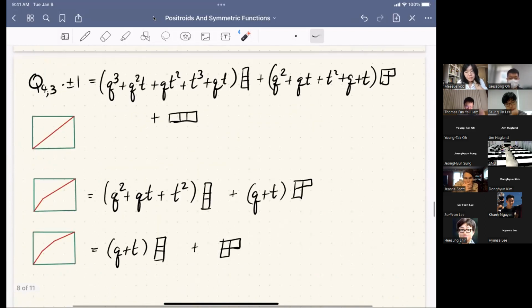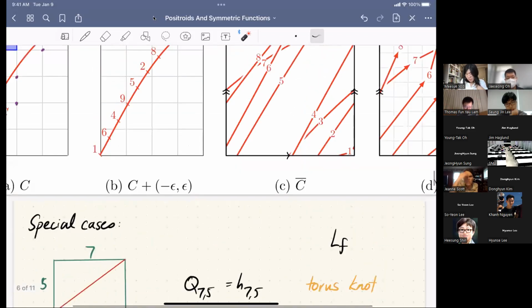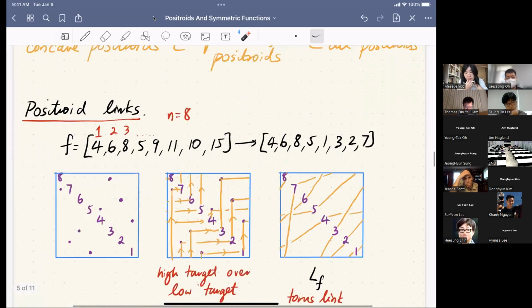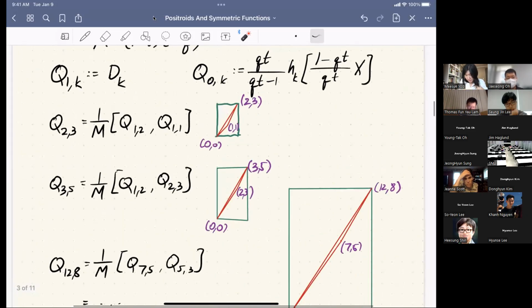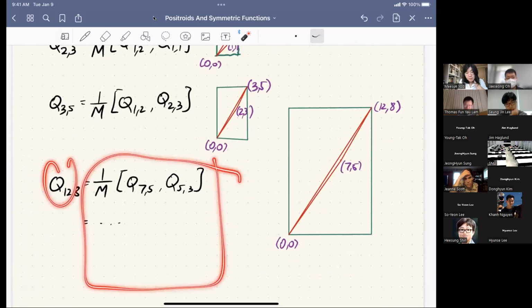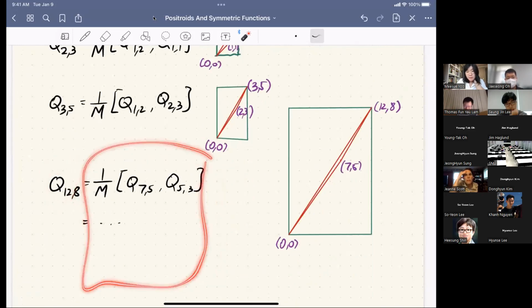Also, I should say that when you write an element of the EHA, because the EHA has all these relations, back up here there are these relations, like 2, 2, 3 is equal to these things, but this guy is equal to many different possible expressions. So there are lots of relations between the operators.